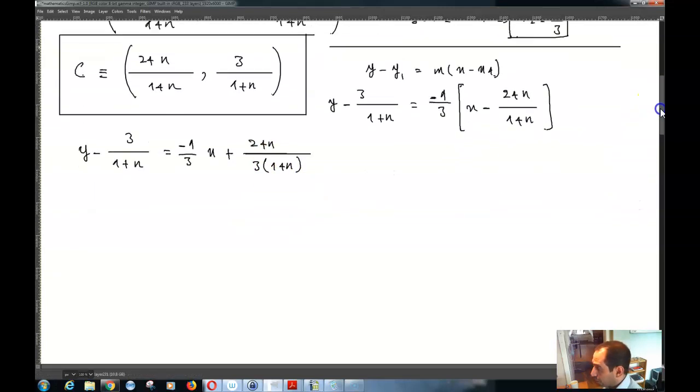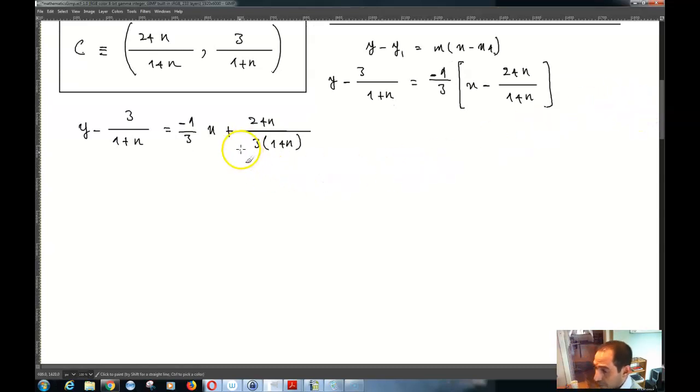And then what you can do is multiply both sides of this equation, every term, by 3 times 1 plus n.